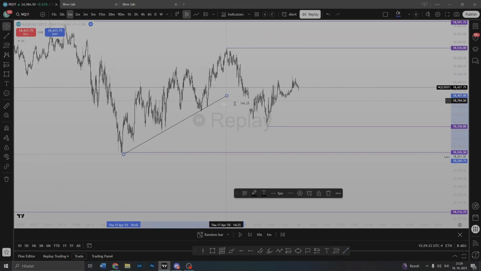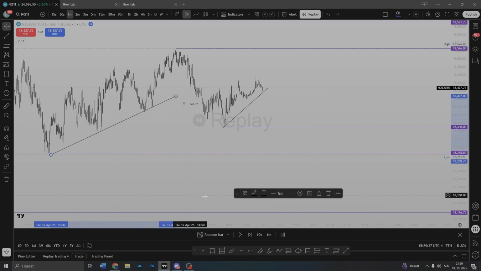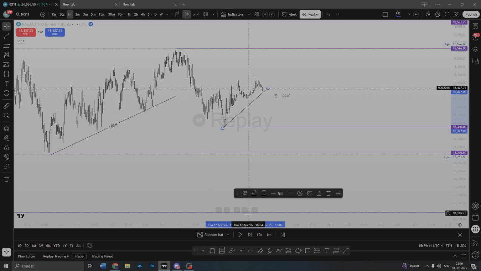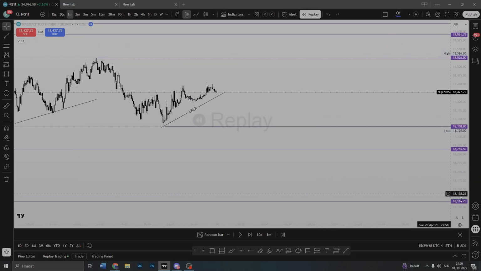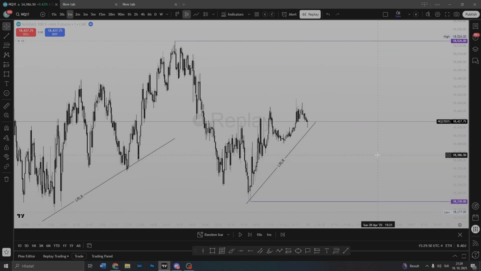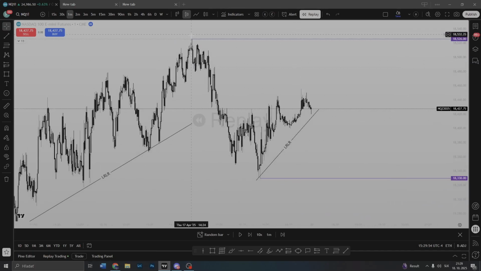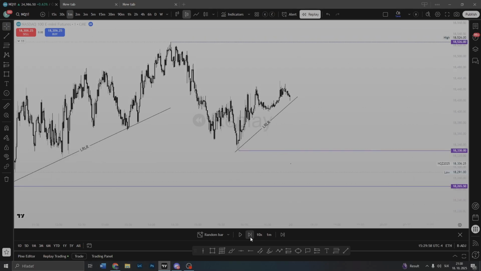Okay, we have RR right here, the next right here. Okay, so from this structure by itself, basically we just rebalance this little structure. So we'll see what market open will bring.